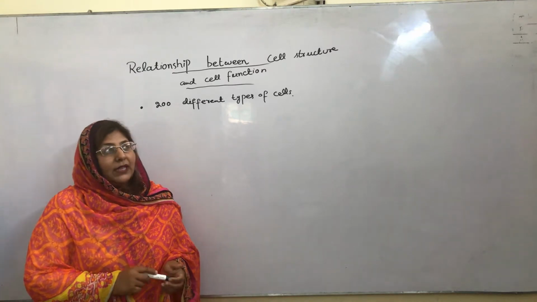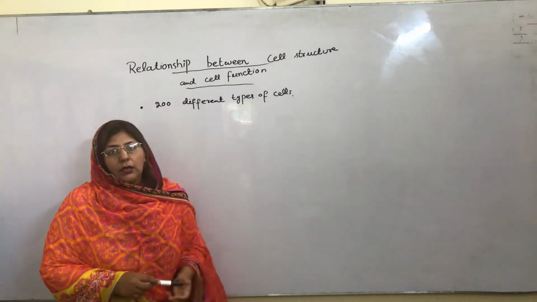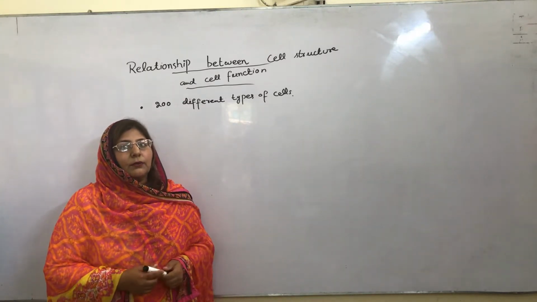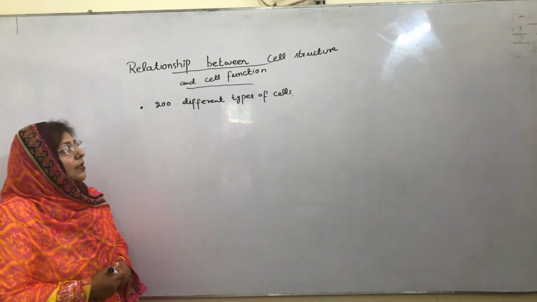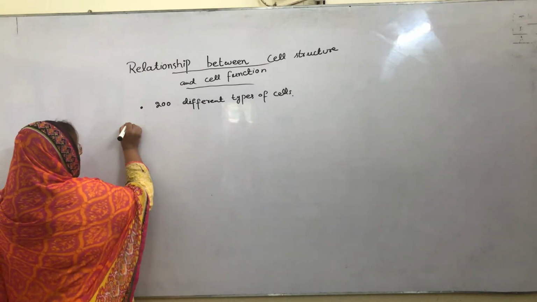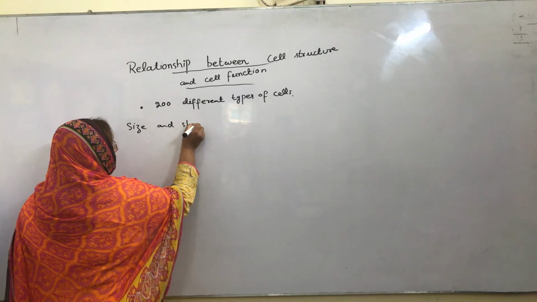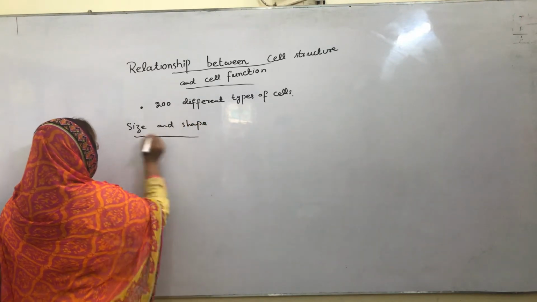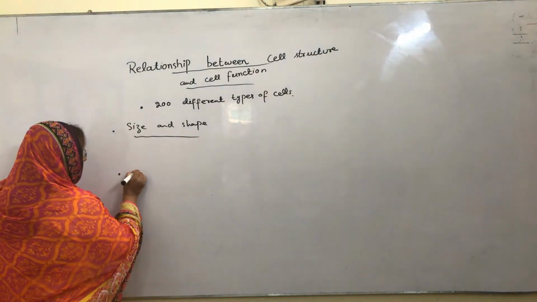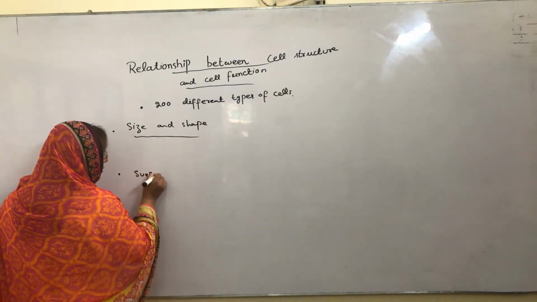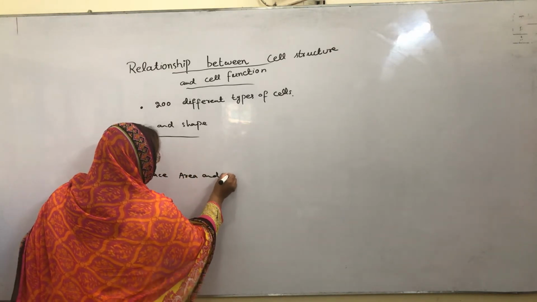So we can discuss the cell structure and their function according to some characteristics. What are these characteristics? First of all, we can discuss cell function according to their size and shape. Secondly, according to surface area to volume ratio.